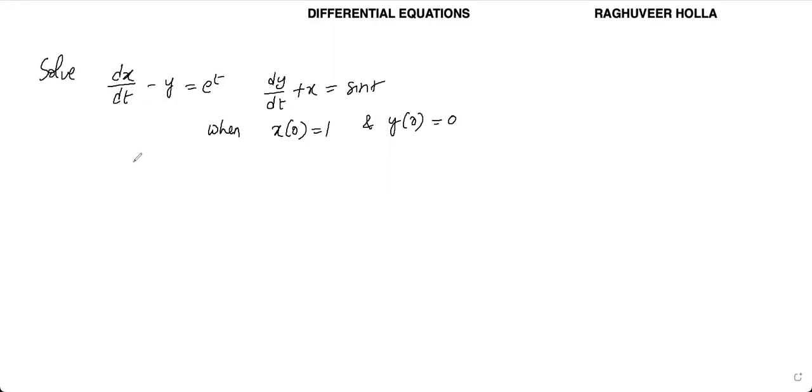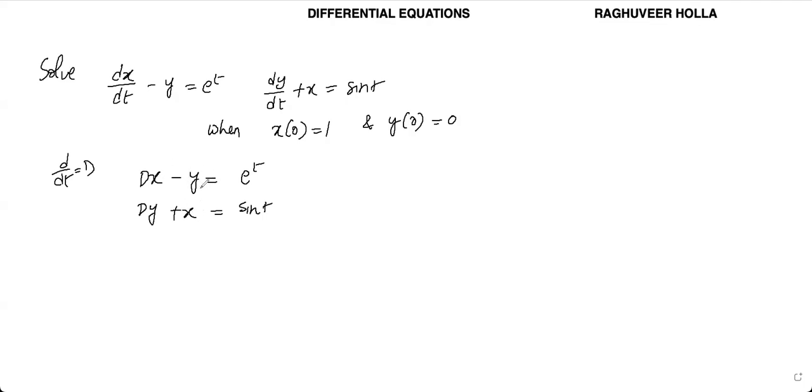Now these are the equations. So I can write this with D as d by dt: Dx minus y is e to the power of t, and Dy plus x is sin t. Now let us eliminate one of the functions, either x or y.